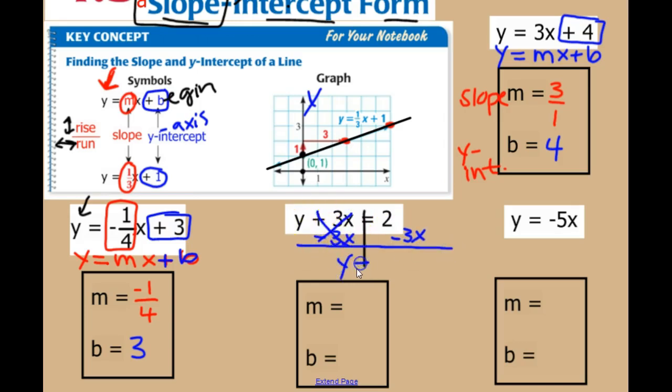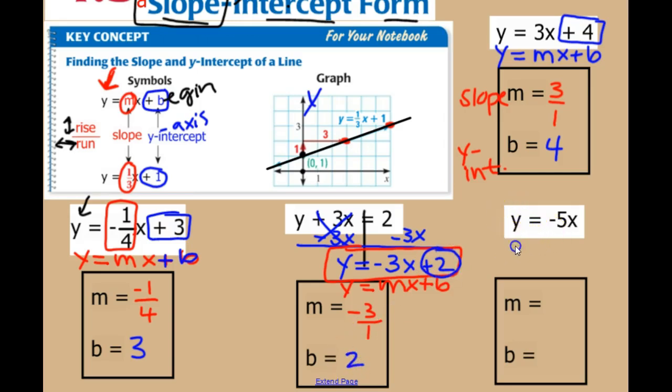So we have y equals, and your x's come first, a negative 3x, and then plus 2. Now this is in the form y equals mx plus b. So our m in front of our x, if you look at your equation, if you want to write it out, you can. M is negative 3. As a fraction, you can put it over 1. And then b, this graph begins at 2.